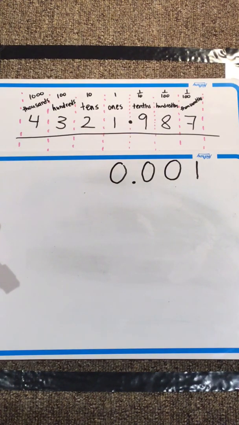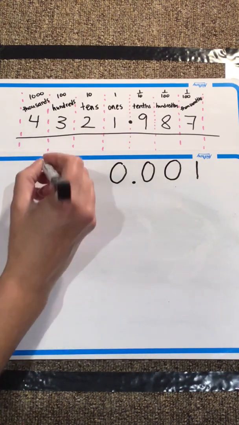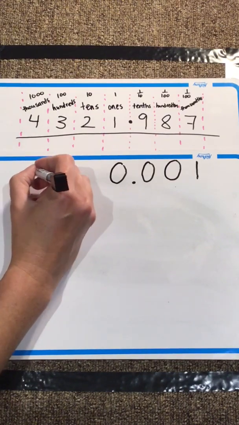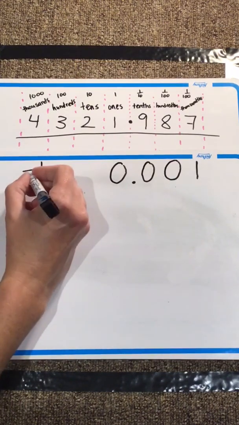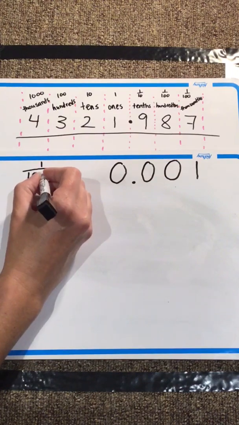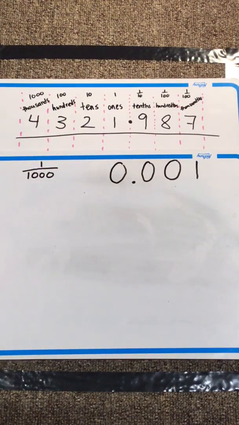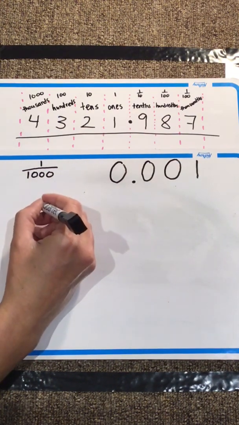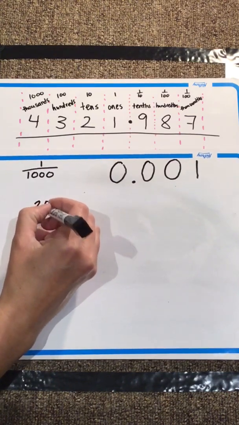If I wanted to write that as a fraction, I have one piece out of, this time, a possible 1,000 pieces. Okay, so what if I had 25 of those little pieces?